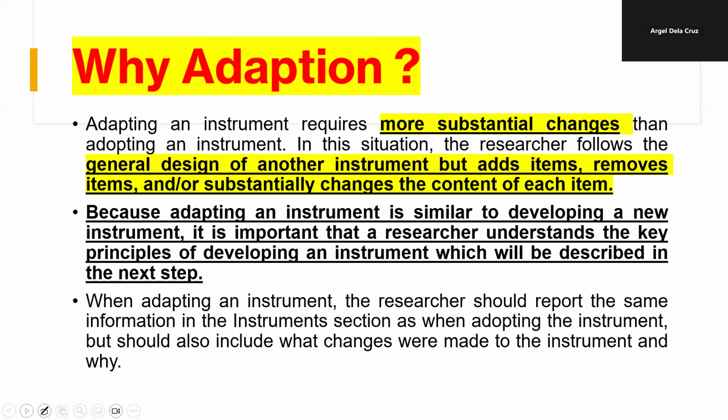So why adaptation? Adapting an instrument requires more substantial changes, because you are basically following the same pattern, and the line of thought is intact. However, you are adding some items, removing items, or altering some content that you find should be adapted to your research locale or research respondents. But in principle, you still follow the general idea of the instrument.